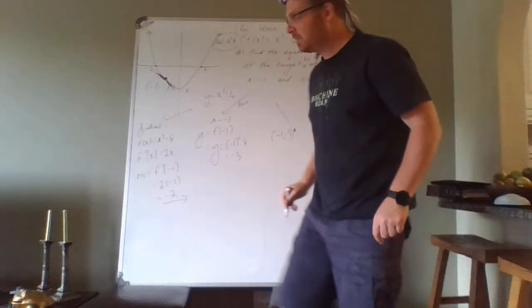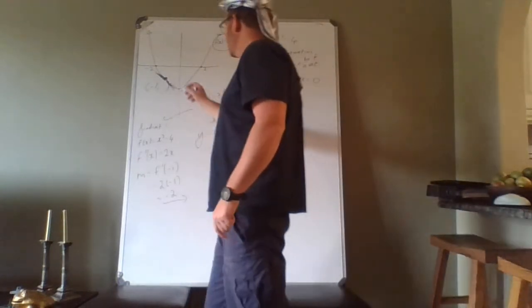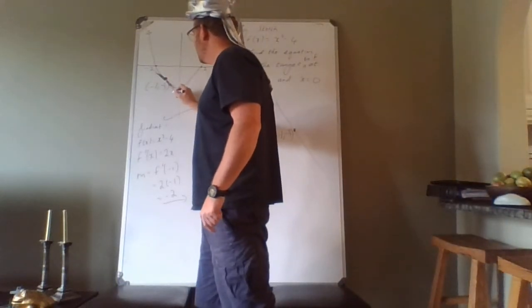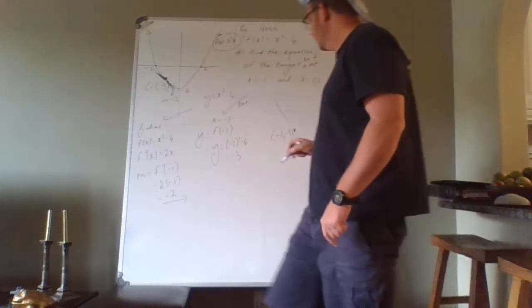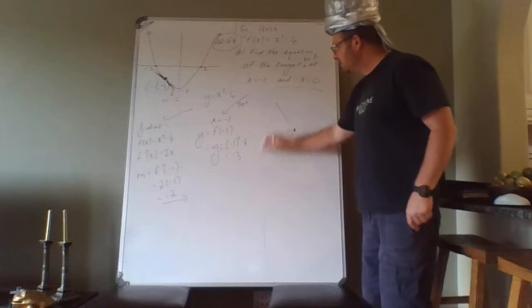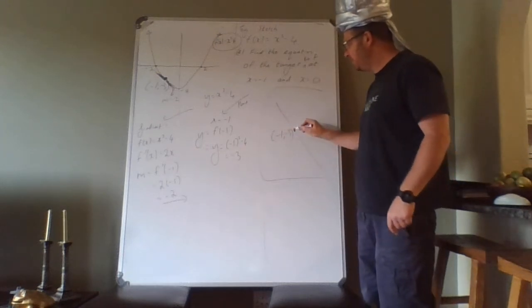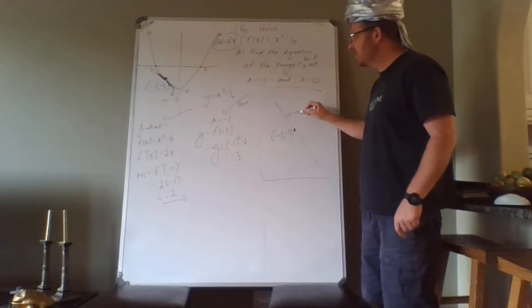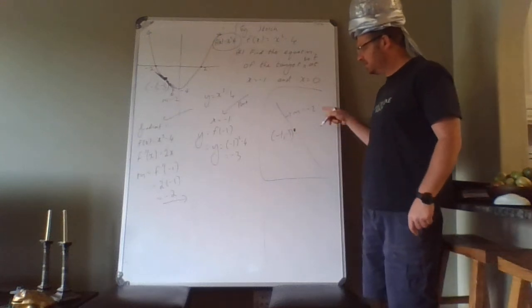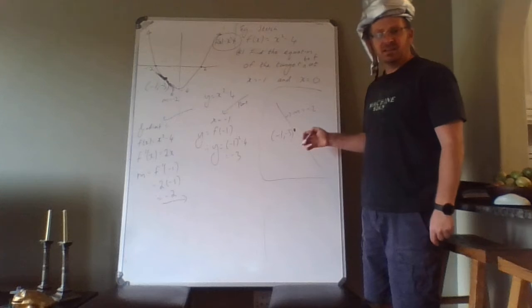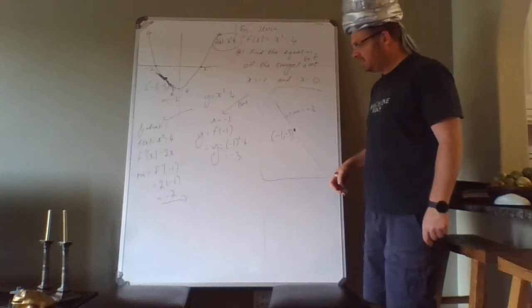So what have you got now? Well, we've got the straight line goes through the point negative 1, negative 3, and we know now that the gradient, which looks right, because it's going left to right down, is negative 2. So here's my straight line. Negative 1, negative 3. I know the gradient is equal to negative 2. So you've got a point, you've got the gradient, so go find the equation of the line, like you've been doing forever.